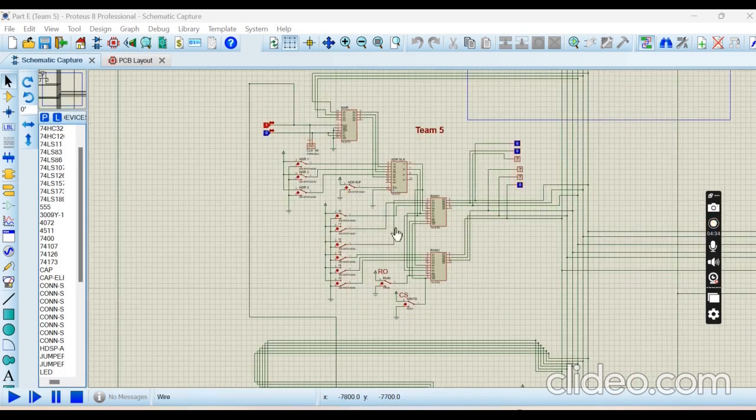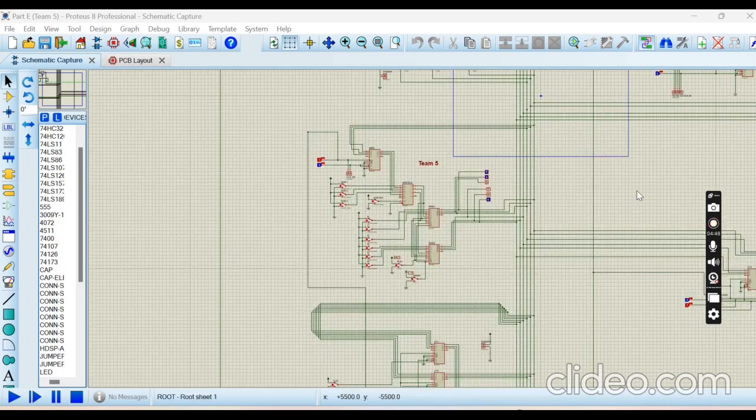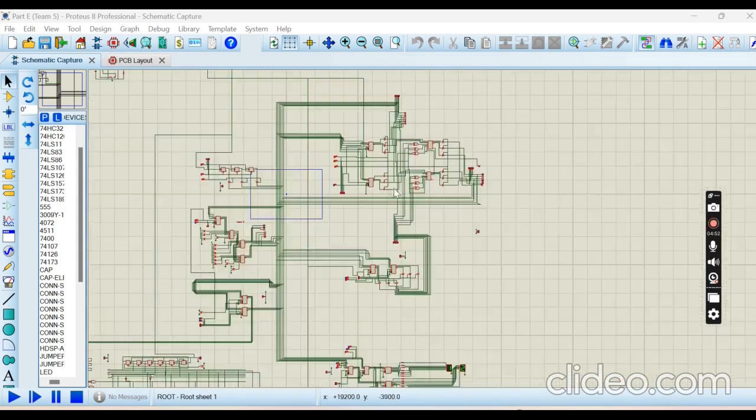So, this is the basic idea in relation to the program counter, the MA, the input, address selector, and the RAM. So now, let me take you through the accumulator.